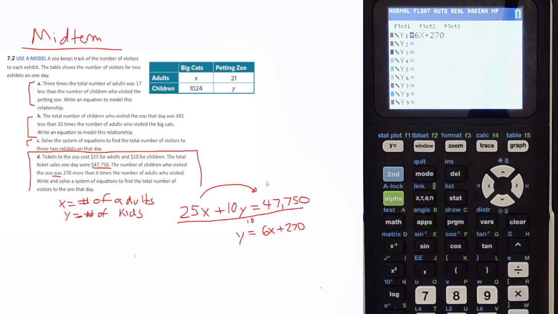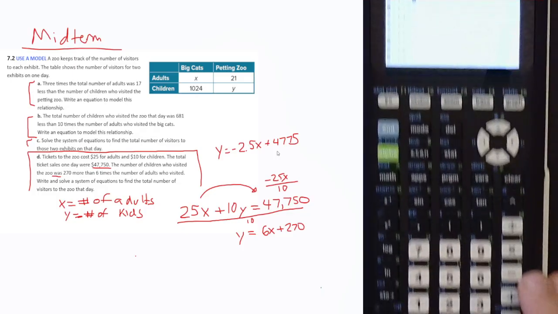So instead of negative 25x, we divide that by 10. It's going to be y equals negative 2.5x plus 4775. Now this is the part that made me think, let's use a calculator.